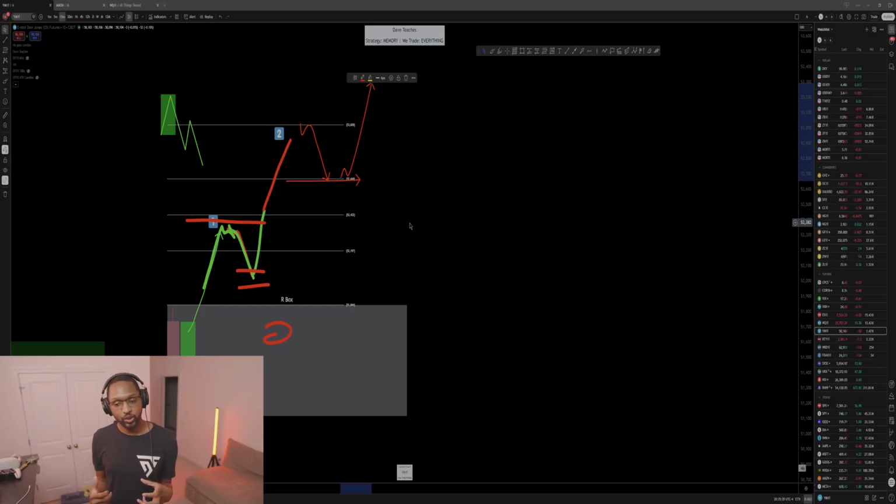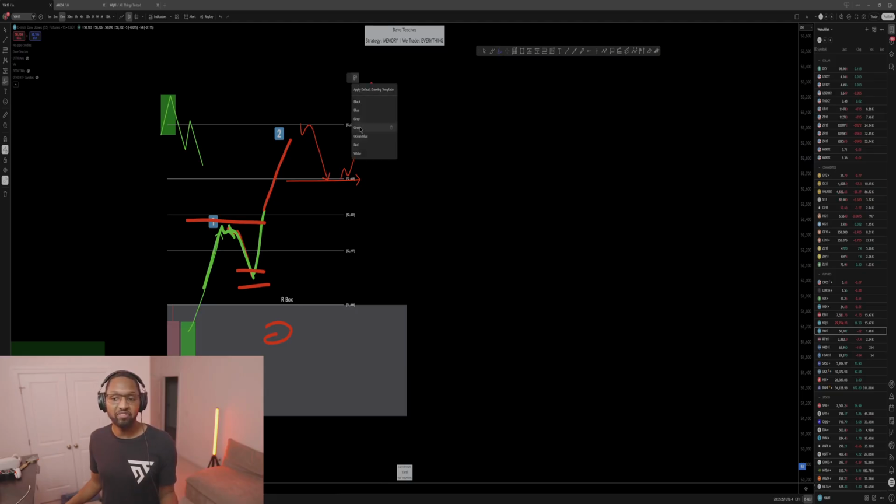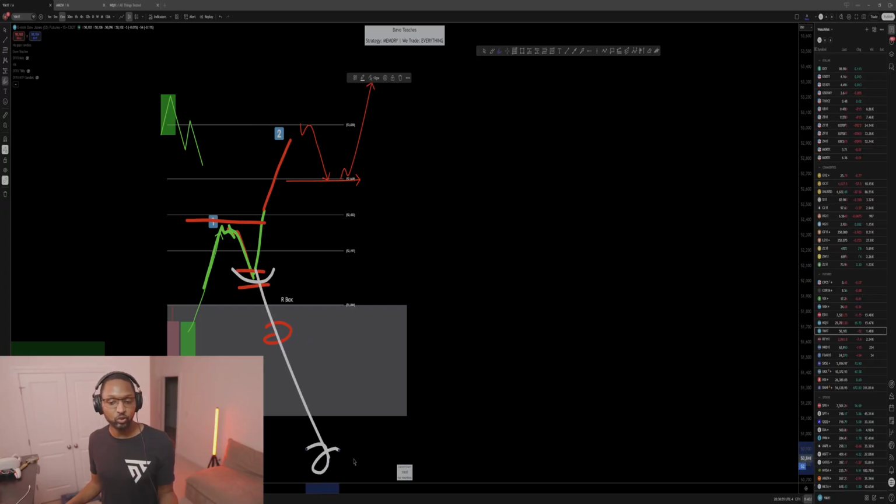What do I like to trade with? I like to wait until the first and second pullback is already established. That's just me personally. You might find a way to trade that first pullback. You might find a way to trade that second pullback, and that might be fine for you. But what ends up happening is when you're looking to trade that first pullback right here, we can collapse and trade through this low.